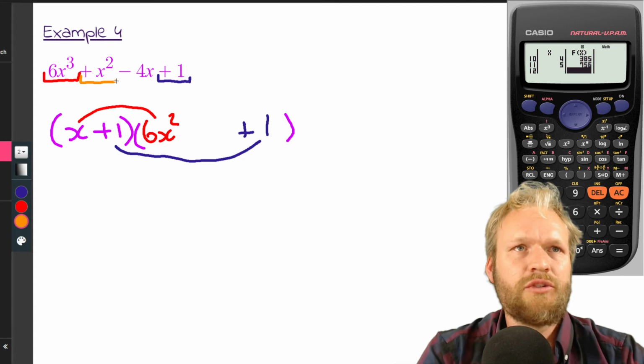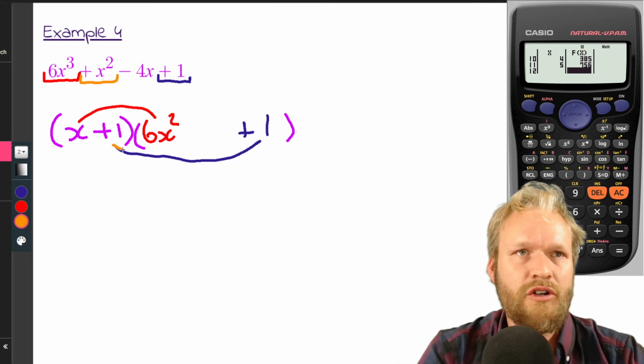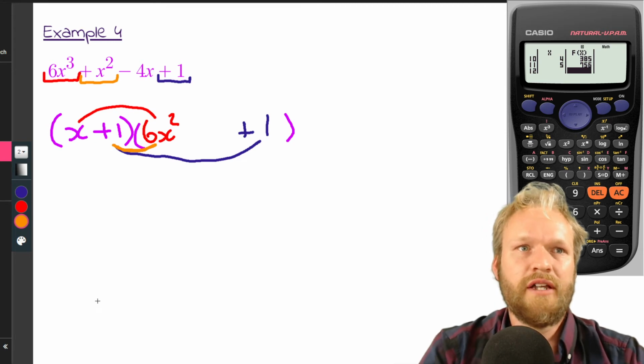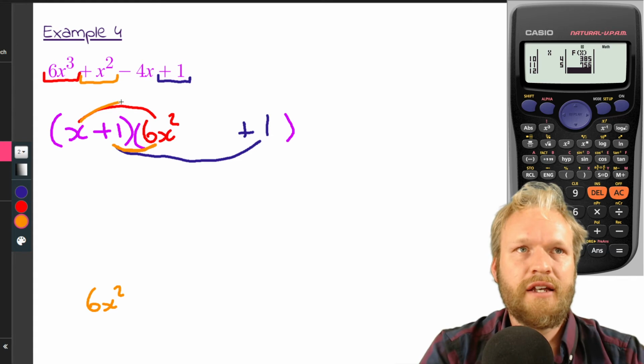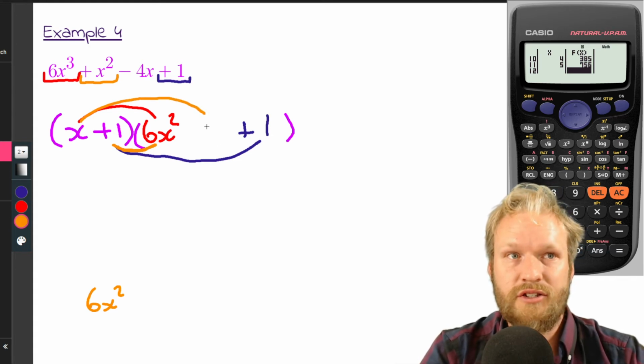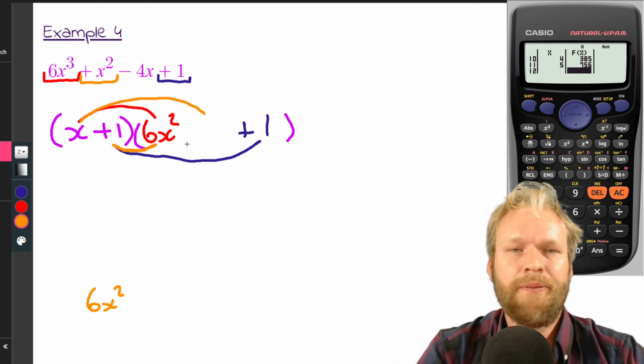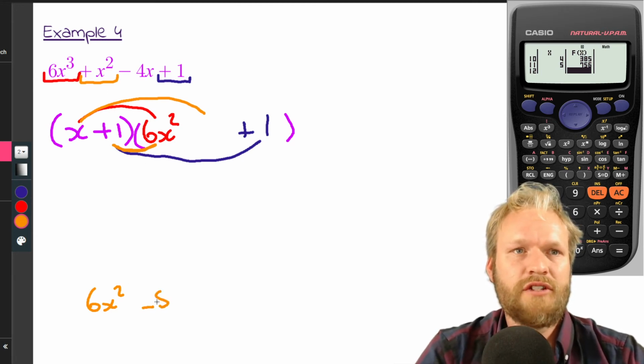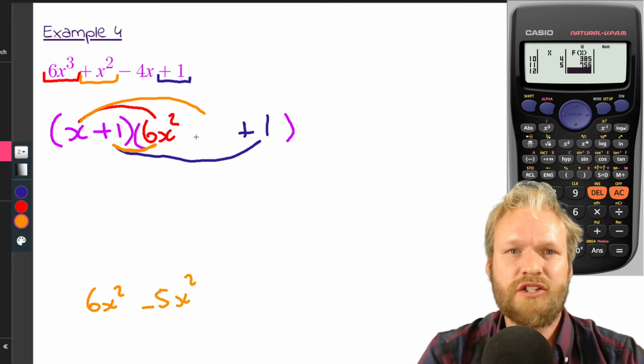We're looking at the x squareds here. So at the moment we've got 1 times 6x squared. Well, that's 6x squared. So then this x times this x is going to give us some more x squared terms. So let's see, we had 6x squared, we want x squared. So we're going to have to subtract 5x squared. So x times what gives us 5x squared?